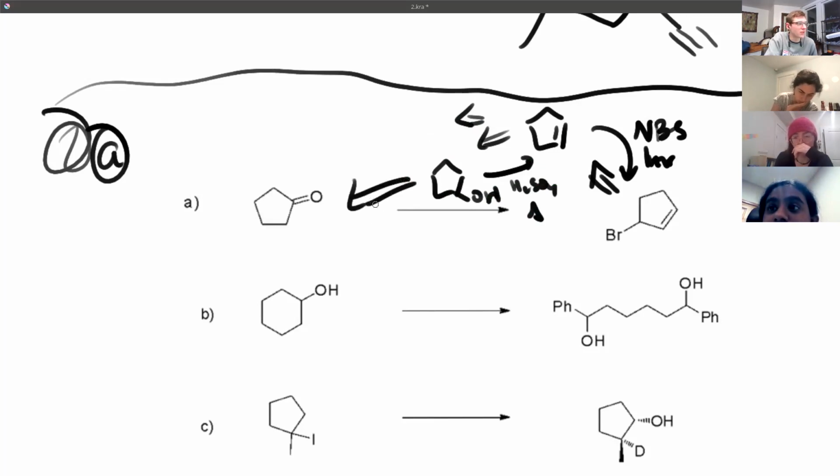And well, I guess just to finish that one off, how do we get to that OH from the starting compound? Can you just reduce it with like hydrogen over platinum? So I actually think you might be able to, but in this case, that's a bit dangerous.